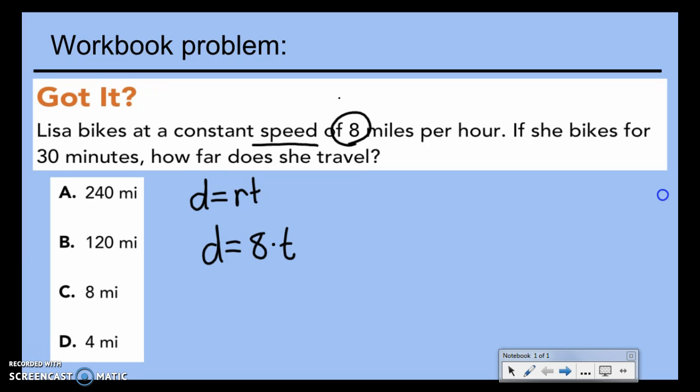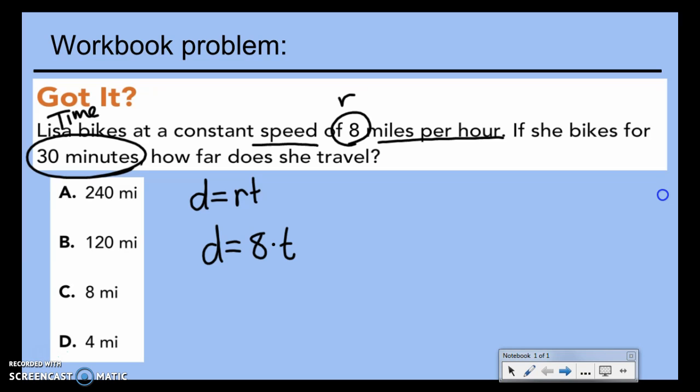Okay? So let's play with this so we don't get confused. If she bikes for 30 minutes, that is our time. Now again, we're talking about miles per hour. So we need to make 30 relative to hours.